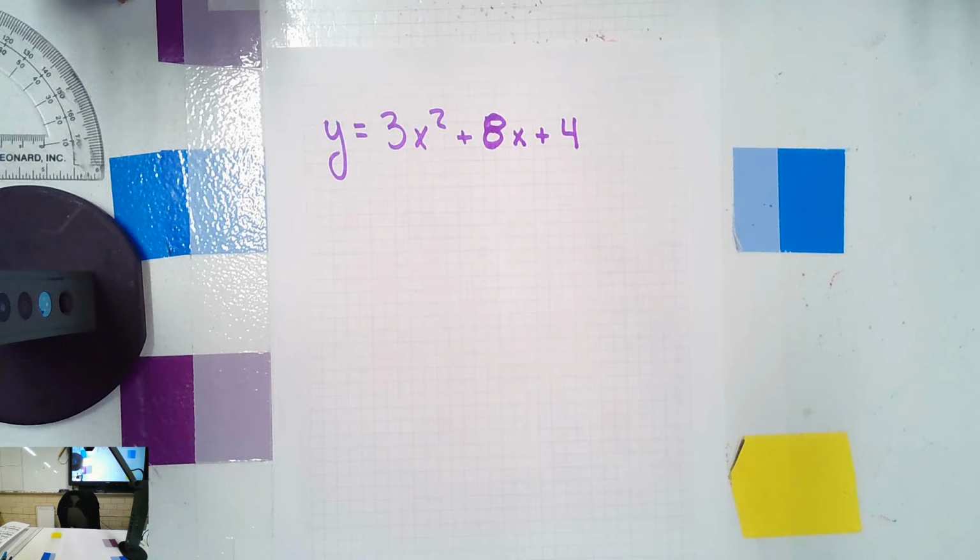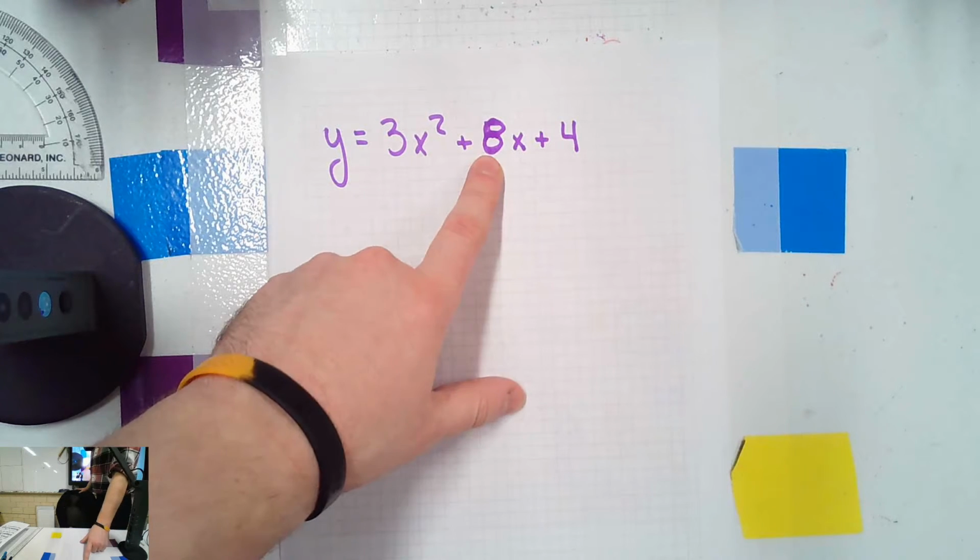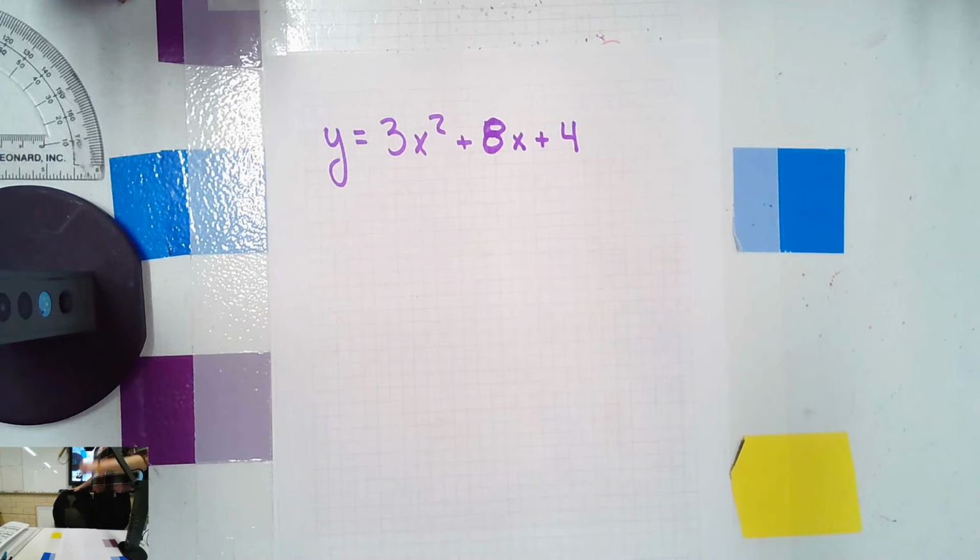You just put a variable under it? That's an 8. So you're doing with numbers right now, okay? Get this in vertex form with numbers, okay? So we want it to end up looking like this. That's an 8.